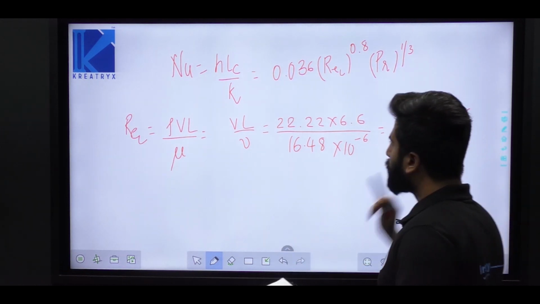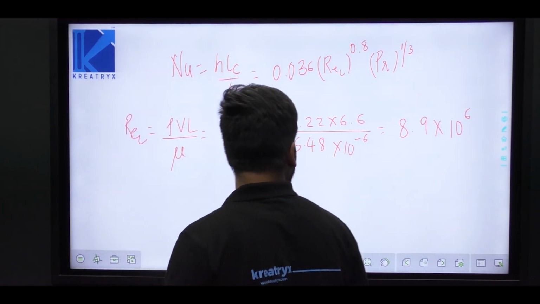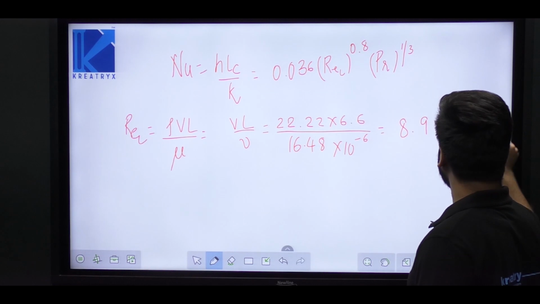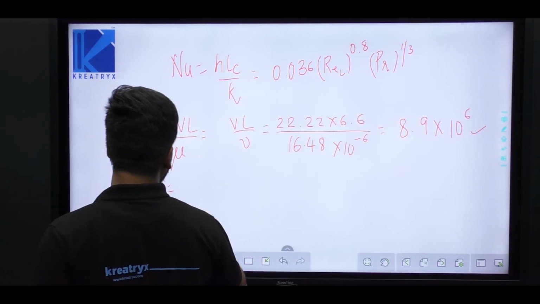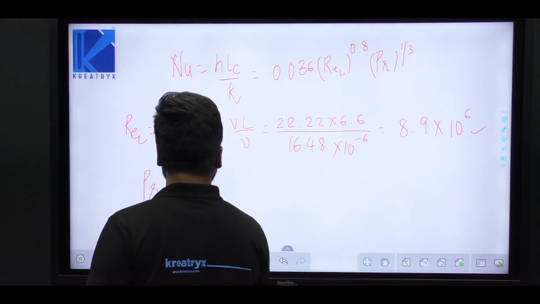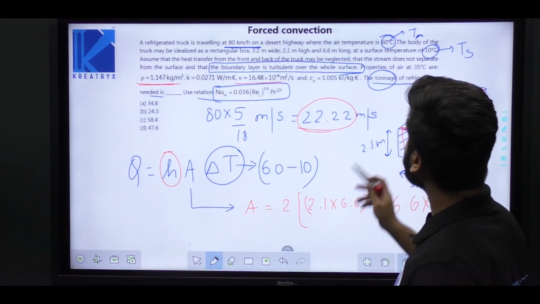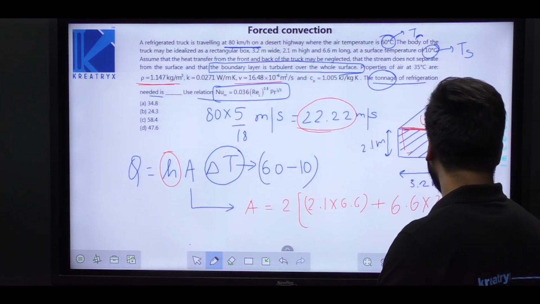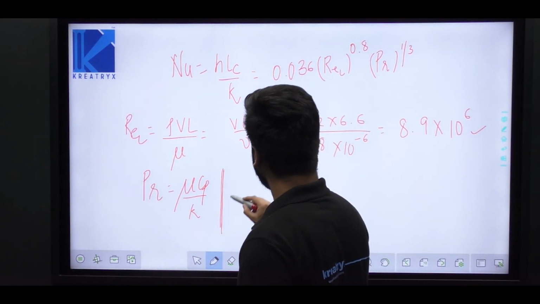Great. That means what they have given is correct. Reynolds number is coming to be greater than 5 into 10 raised to the power 5. So yeah, it's correct. And Prandtl number is mu Cp by k. Cp is 1.005 kilojoule per kilogram Kelvin, that is 1005 joule per kilogram Kelvin. k is given.